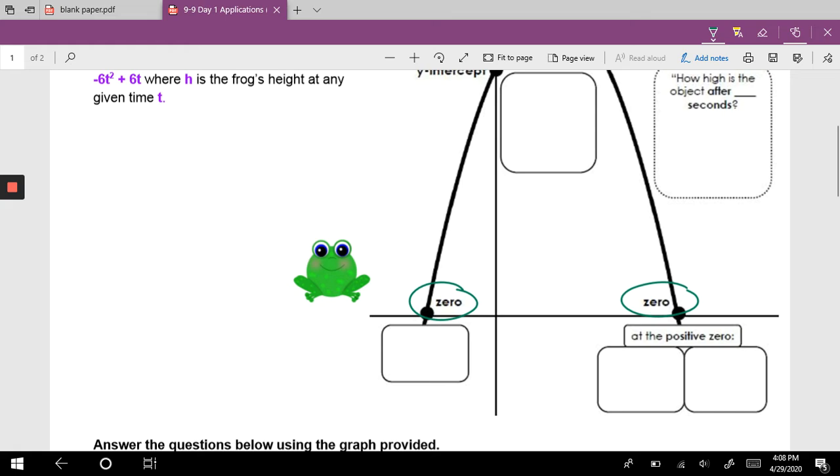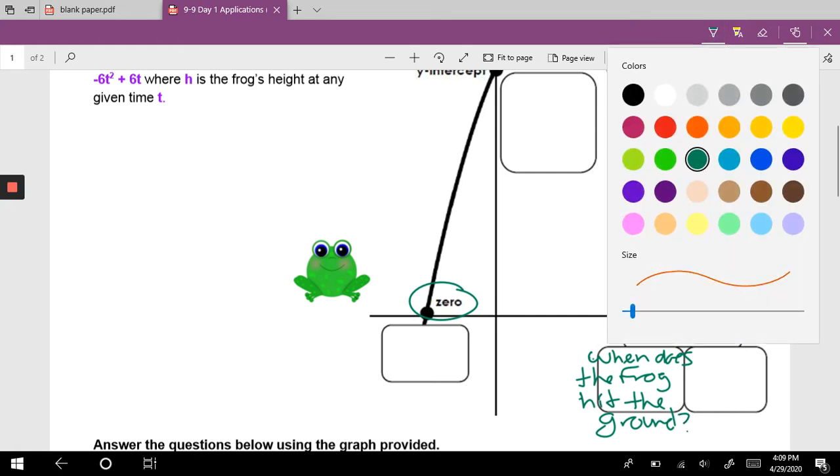So we're going to fill in these boxes. It could say, when does the frog hit the ground? And hopefully it's not Frogger and he goes splat. Hopefully he just reaches the ground safely.